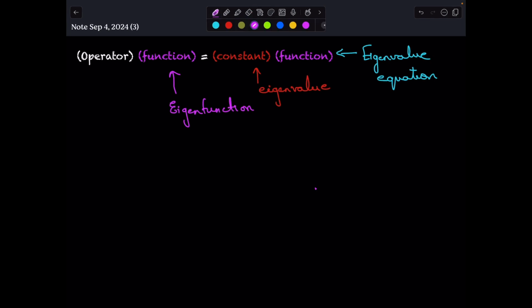Let us take the example of the Hamiltonian, which is a total energy operator, operating on function xi to give E, which is a total energy value, times the same function xi. This would be an eigenvalue equation.